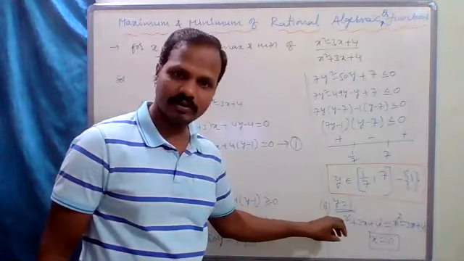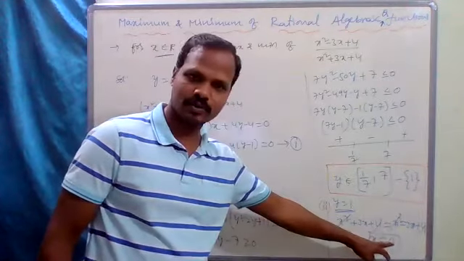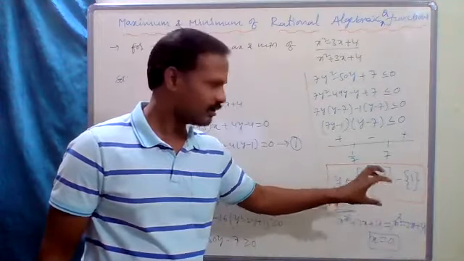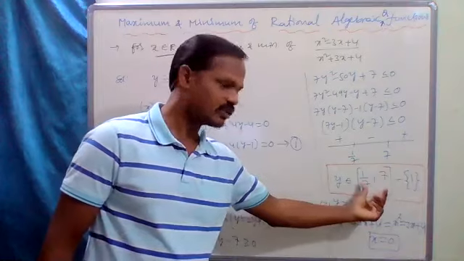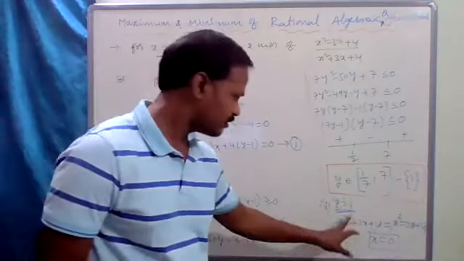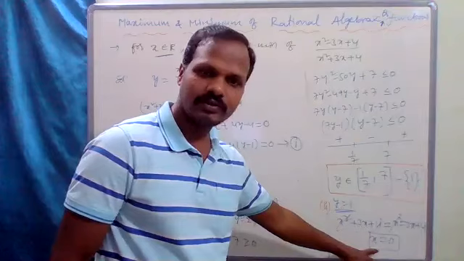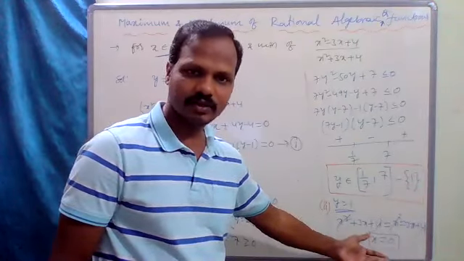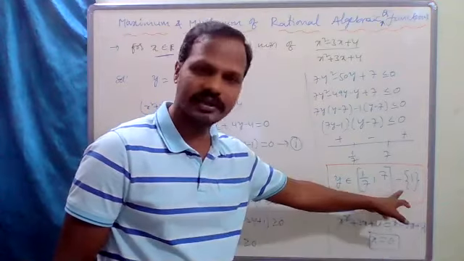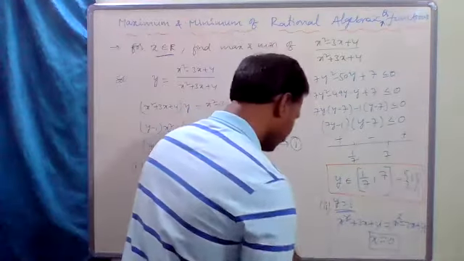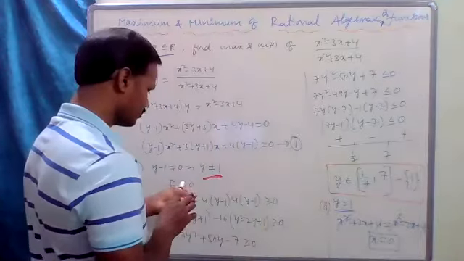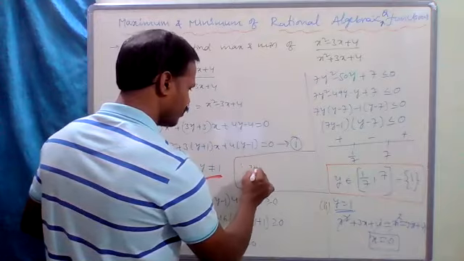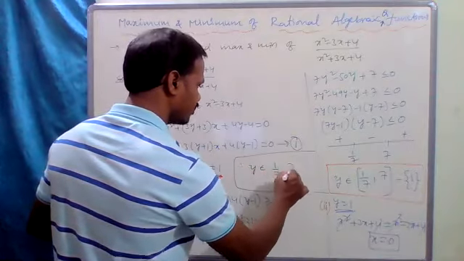Suppose if you take y equal to 1 and get a complex solution, then you have to eliminate the y equal to 1 value from this solution. But if y equal to 1 you get x equal to 0, which is also a real value, so this one should also be included. Therefore the final answer is y belongs to 1 by 7 comma 7.